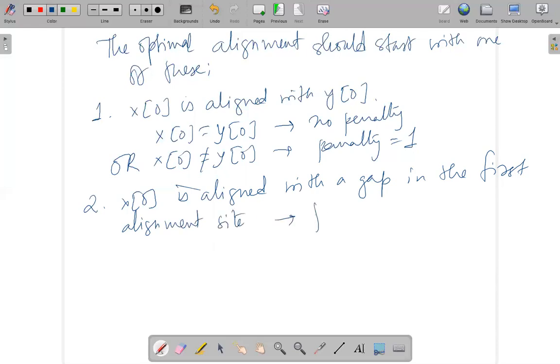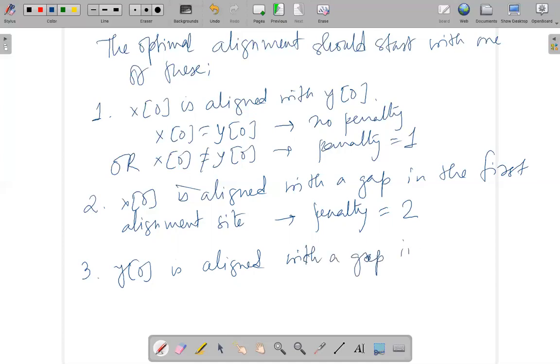So that means penalty is equal to 2, or y0 is aligned with a gap in the first alignment site. Again, this will have a penalty of 2.